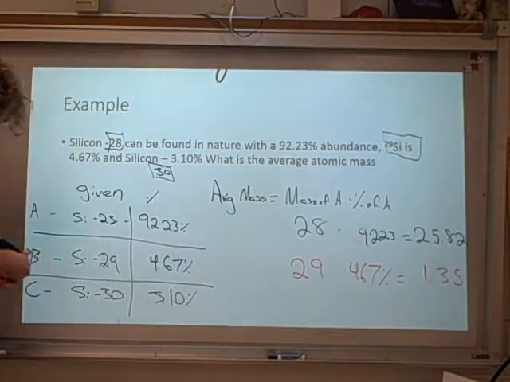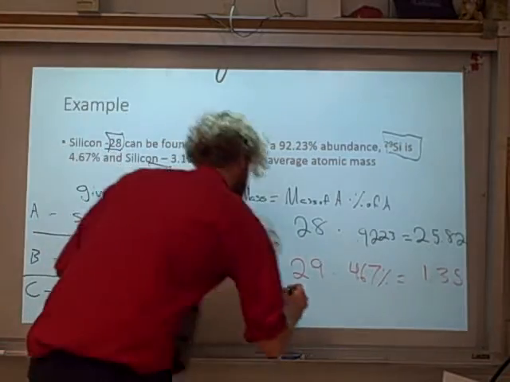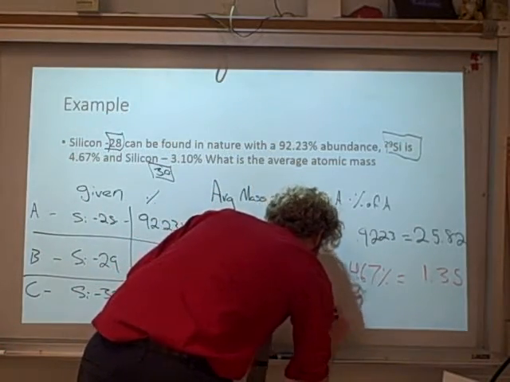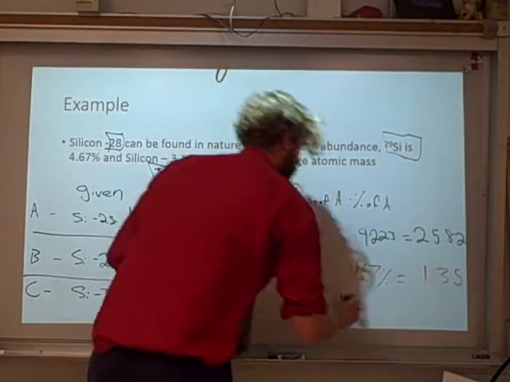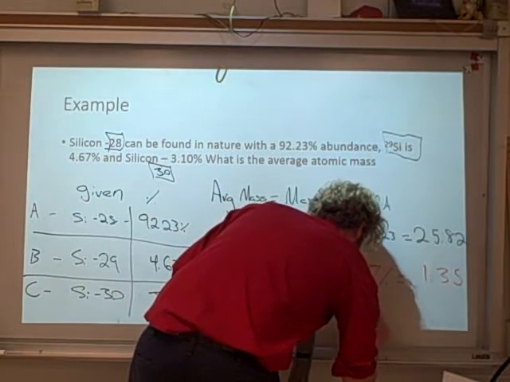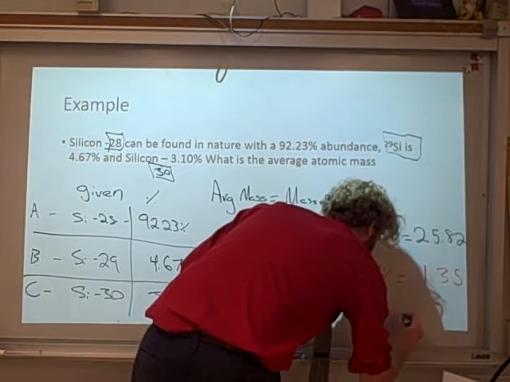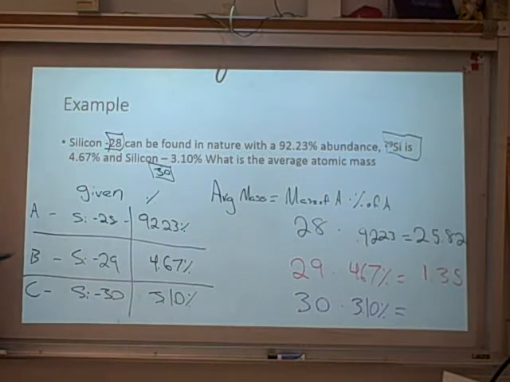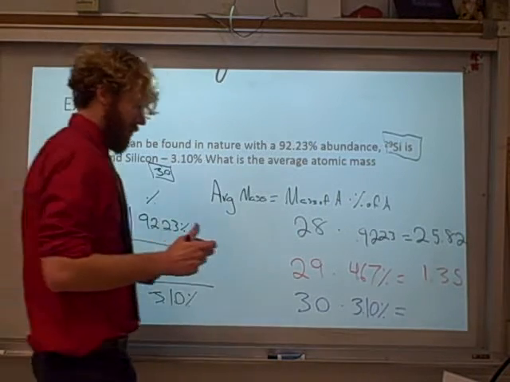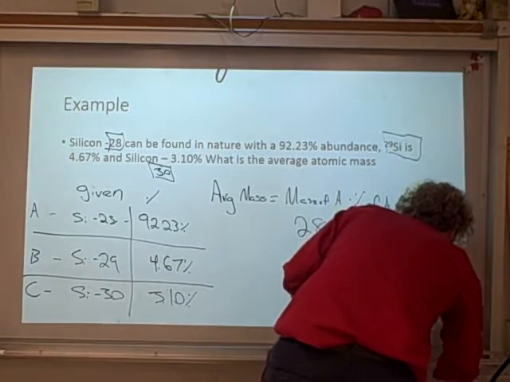Now our last one, we've got to do C. Now C, the mass is 30, and the percentage is 3.10%. We do 30 times 0.0310, and that gives us 0.93.